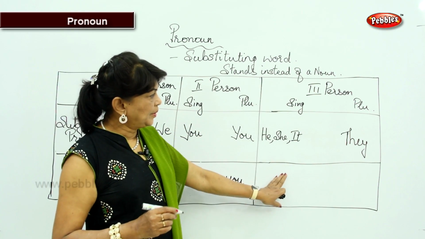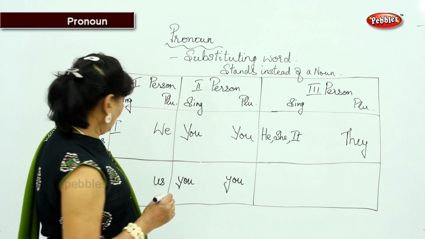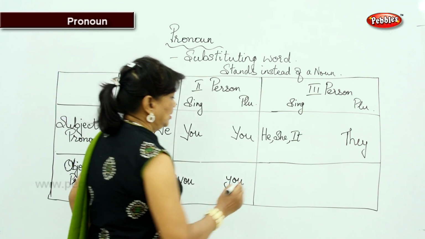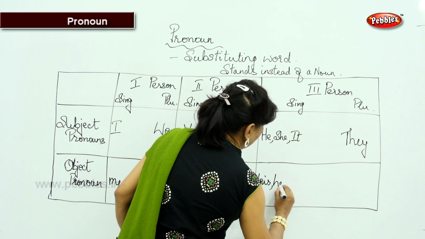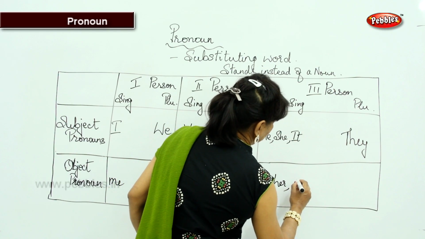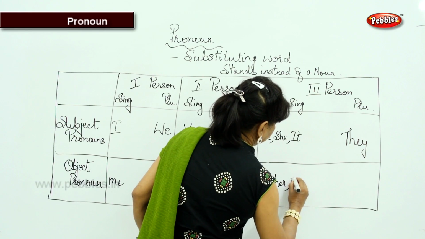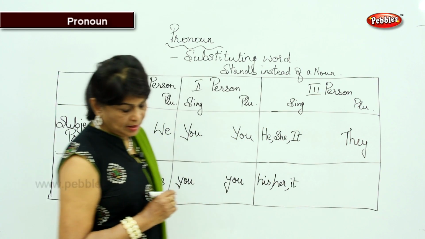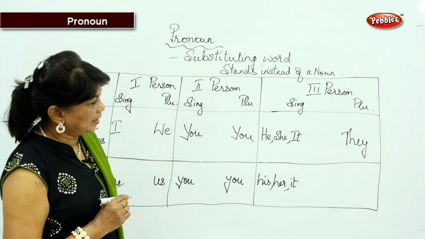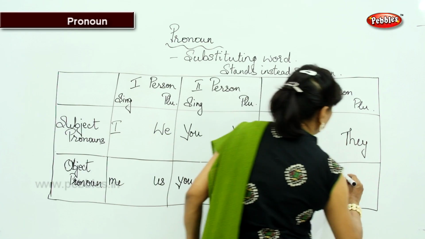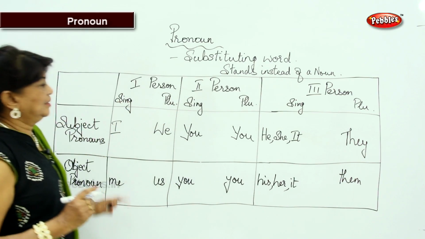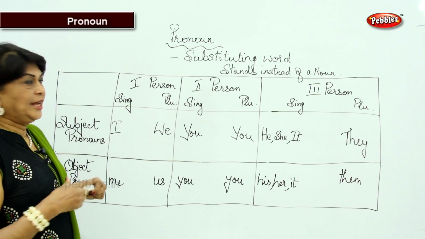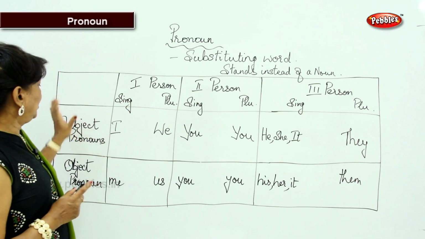And the third person singular object pronouns will be him, her and it, and for plural they will be them. Have you understood now? Take down this chart.